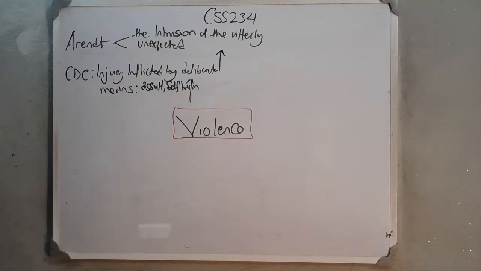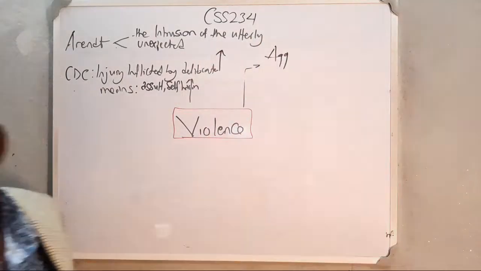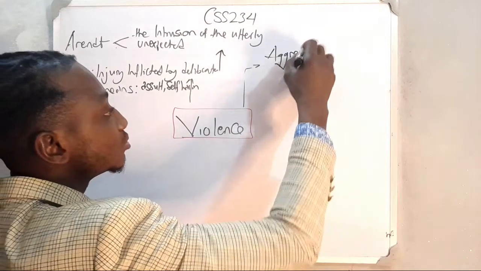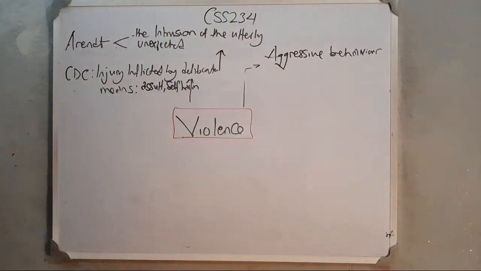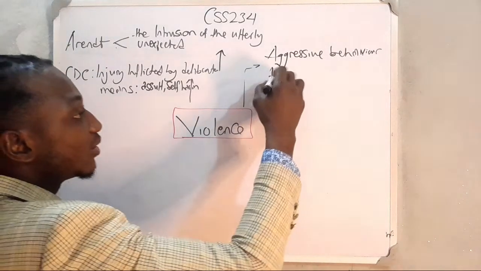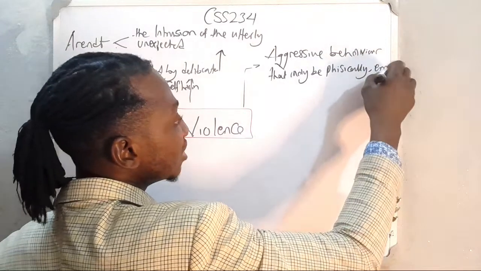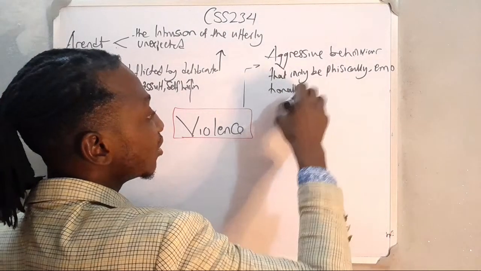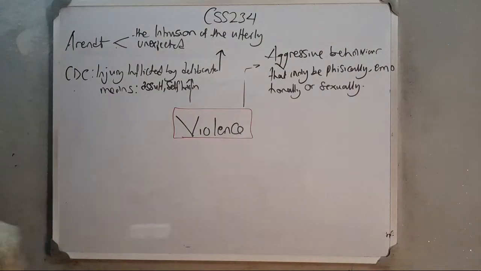That's what the CDC said. Now, we also want to look at general definitions, as we can regard violence as aggressive behavior that may be physical, emotional, or sexual.